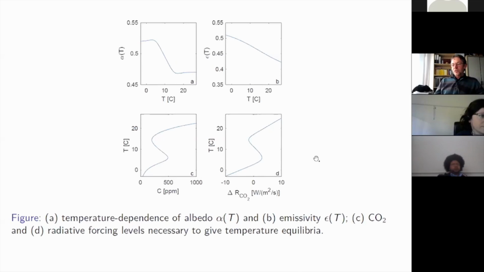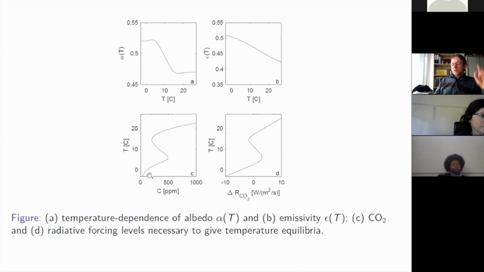Of course, in the full system, the CO2 and the temperature are intrinsically linked through the dynamics, but to explore this in this model, what we've done is consider the case where the CO2 is just wandering around between some range of values, to model the possibility that you could flip from one state to another.